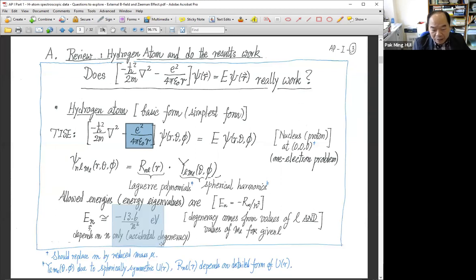And the energy is given by this famous minus 13.6 divided by N squared eV. Actually, this 13.6 is a combination of charge, mass of the electron, h bar, epsilon 0, all the constants.